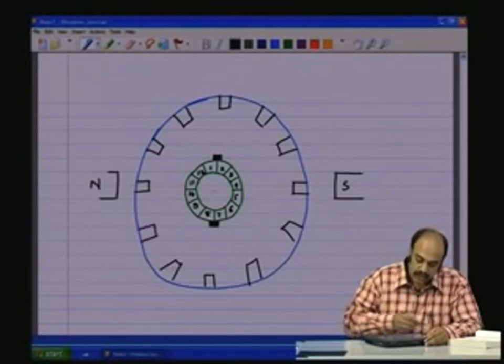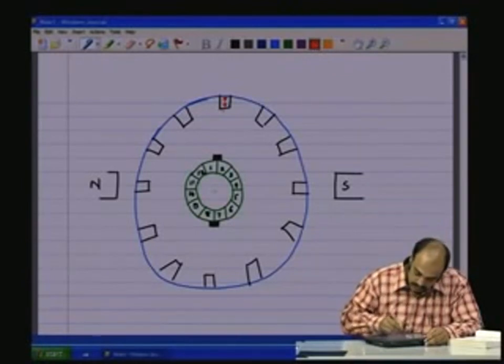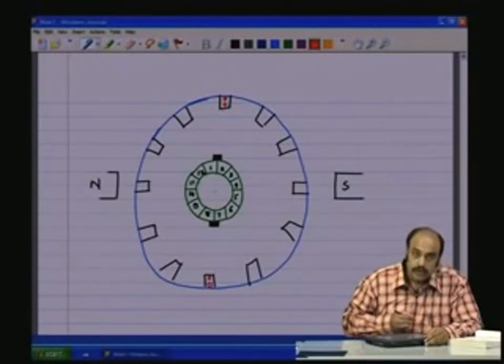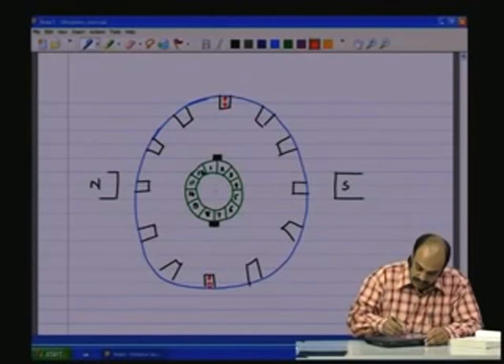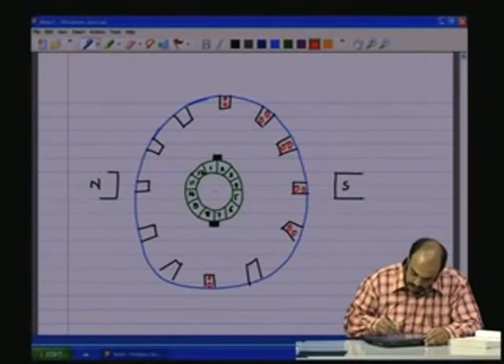And in these 12 slots, you need to have 2 coils out of phase with each other.